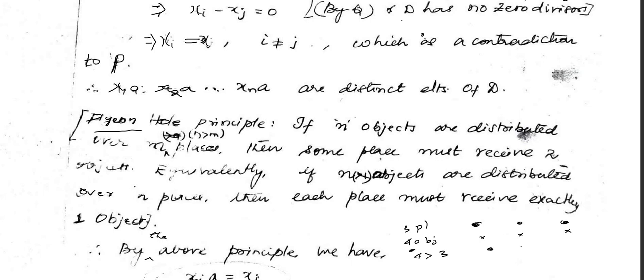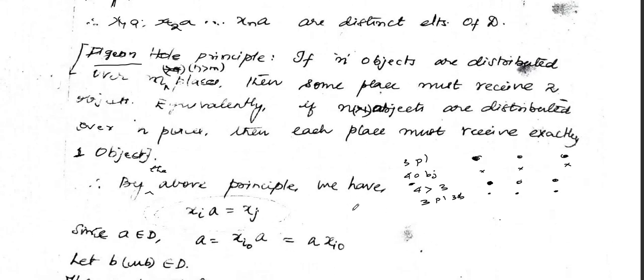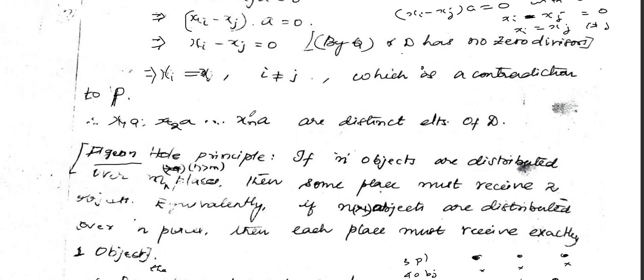On the other hand, suppose I have only three places and only three objects. Then in that case, each one will receive exactly one. So three objects, three places means each will receive only one. So by the above principle, we already have the holes to be x1 to xn.